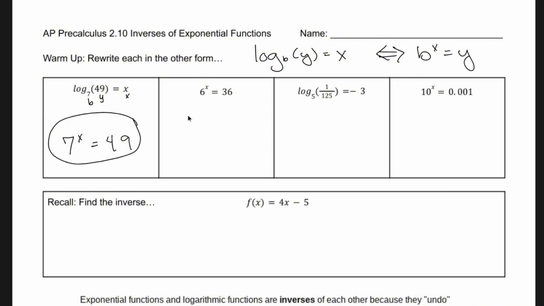6 to the x equals 36. Well, that's in exponential form already, so you're my b, x is my x, 36 is my y, so log base b of y equals x, log base 6 of 36 equals x.